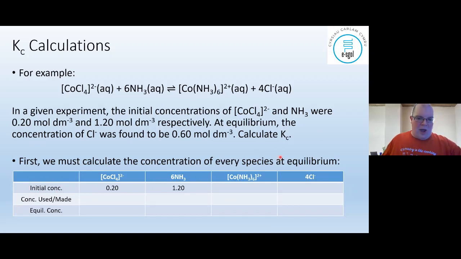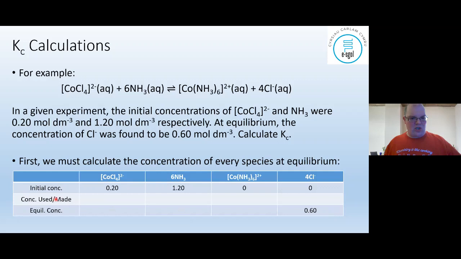Now, the other two haven't been mentioned in the question, which means that they have no concentration to begin with. Okay, so they're just not there. Okay, and we've been told that at equilibrium, chloride has a concentration of 0.60. So that's all the information that we've been given. Everything else from this point, we have to work out for ourselves.